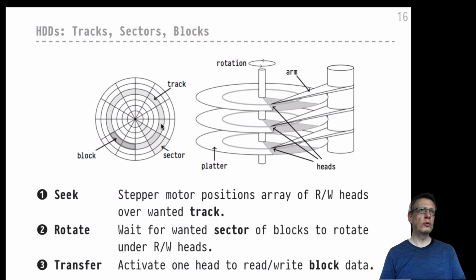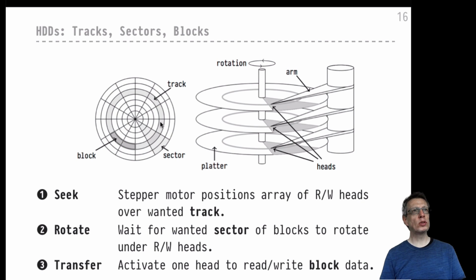If our read-write head is located at this particular spot where my mouse pointer is pointing now, we would have to wait until the desired blocks are rotating under my read-write head. Okay, so we have to wait until the platter has rotated enough so that the blocks are really under the read-write head. I'm indicating here with my mouse pointer. So there is some rotational delay that will occur.